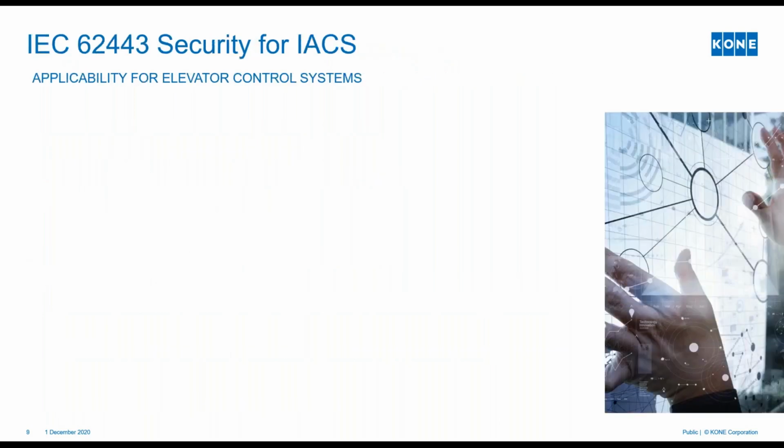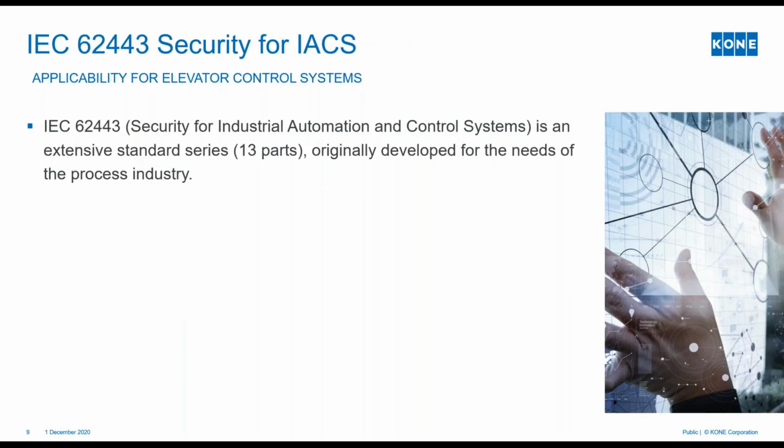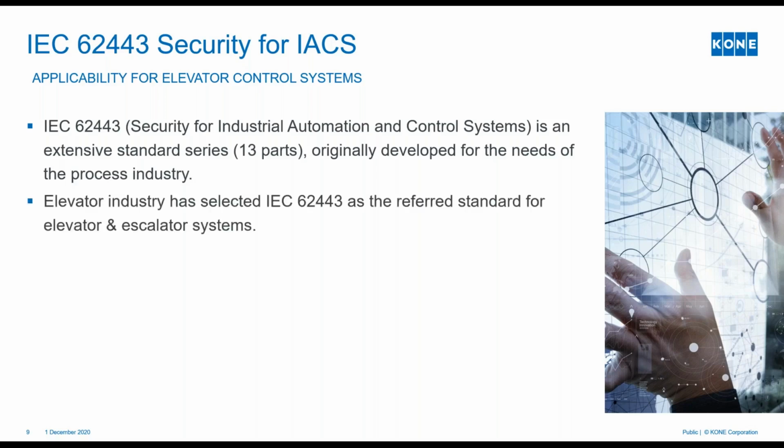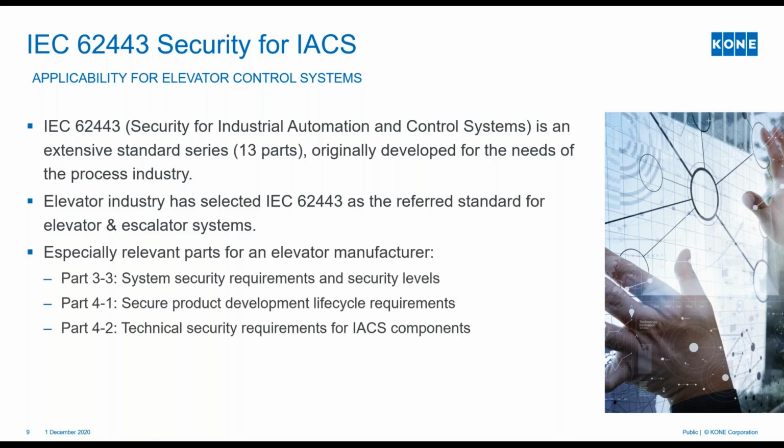IEC 62443 was originally developed for the process industry, but we could say that it's currently the most comprehensive standard for securing any network connected control system. And the elevator industry has also chosen IEC 62443 as the reference point. As Jarmo mentioned, the standard is quite wide, 13 parts in total.